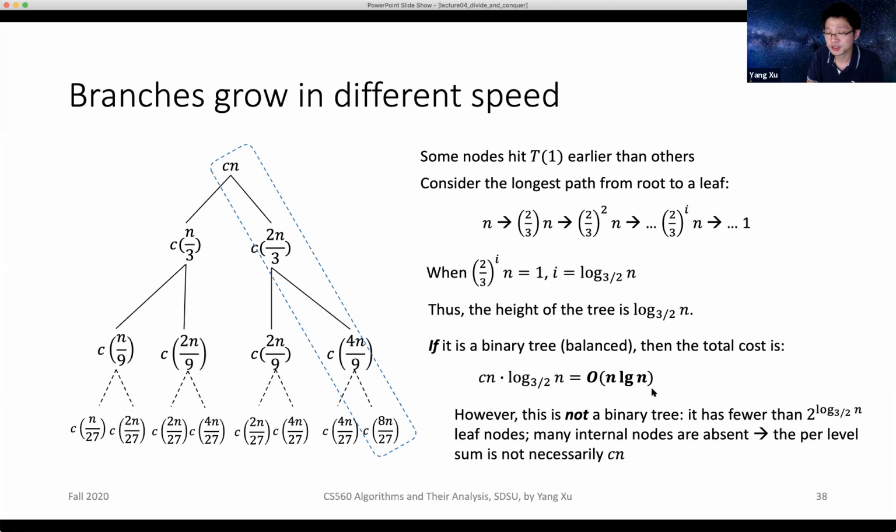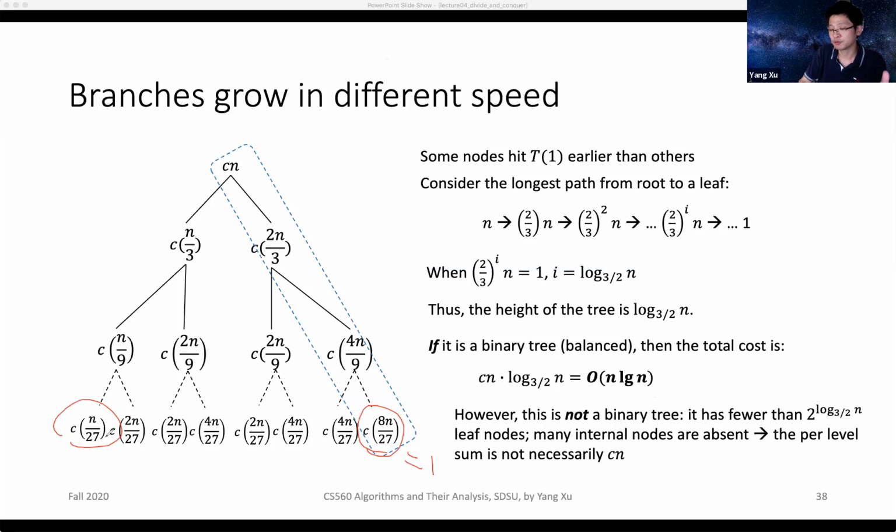But this is not a binary tree, right? It must have fewer nodes than that many leaf nodes, because many of the internal nodes are absent. When this one hits 1, these smaller values are already gone.